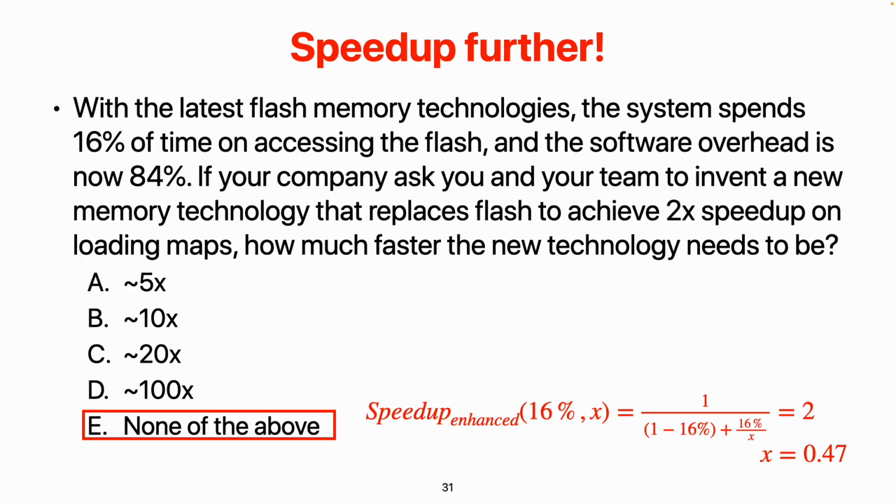So, sometimes, a lot of managers or bosses, they are not reasonable, right? For example, if today you work for a game console company and your boss asks you, hey, can you design a new storage device for our game console to make the map loading twice faster than what it is now?